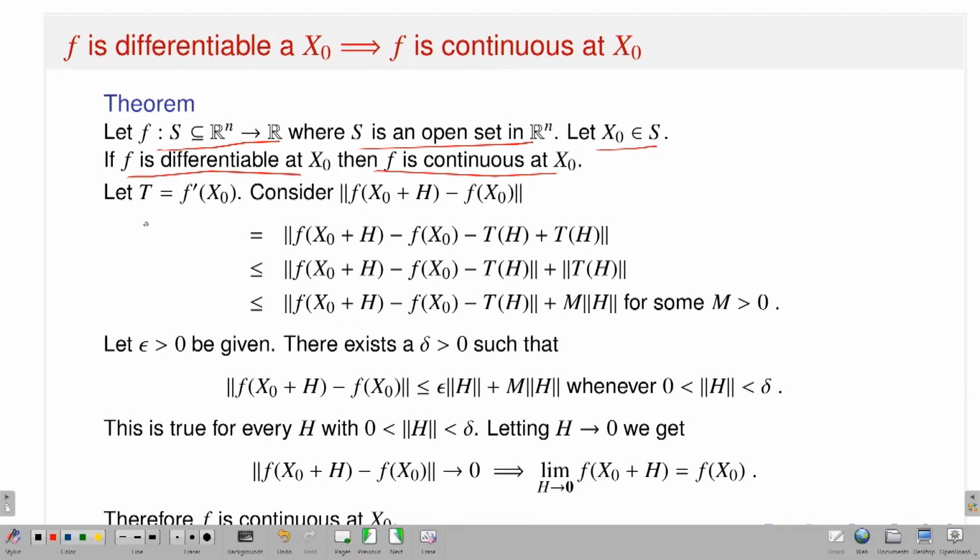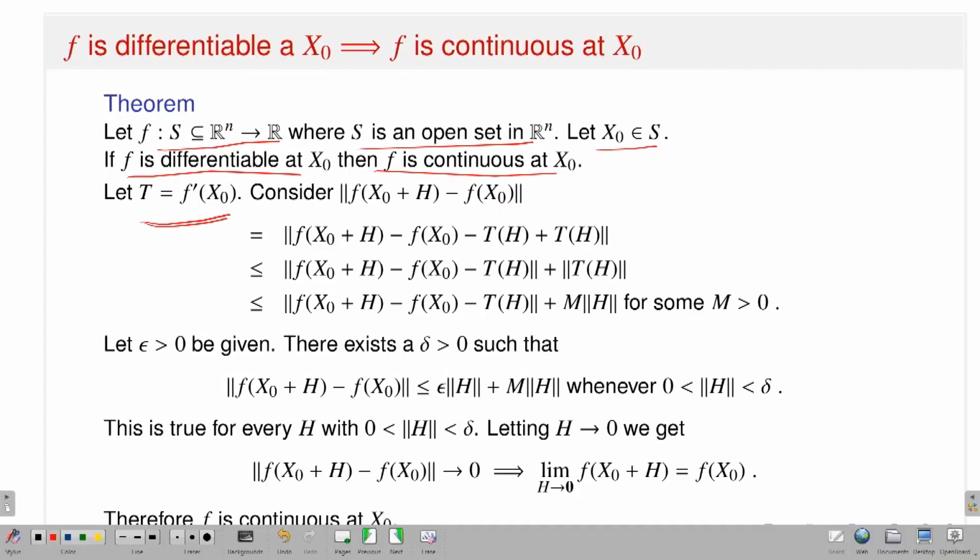Since f is differentiable, there exists a linear transformation such that the limit as h goes to 0 of the norm of f of x naught plus h minus f of x naught minus the linear transformation acting on h, divided by norm h, is equal to 0. Then consider this vector, norm of f of x naught plus h minus f of x naught. What is this?